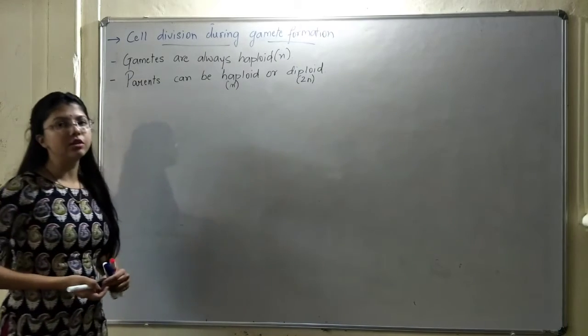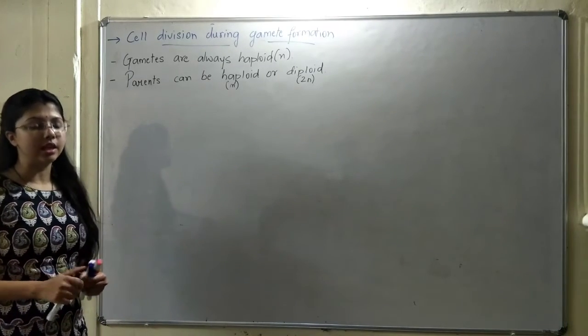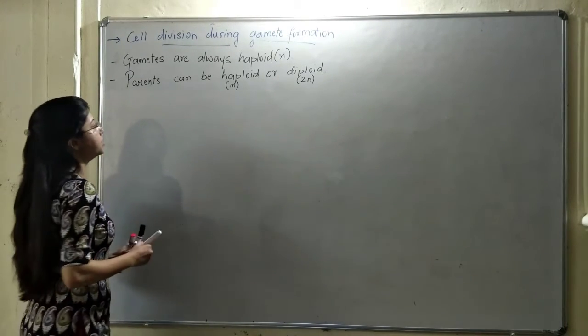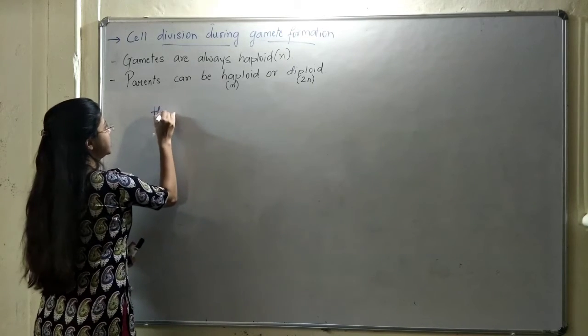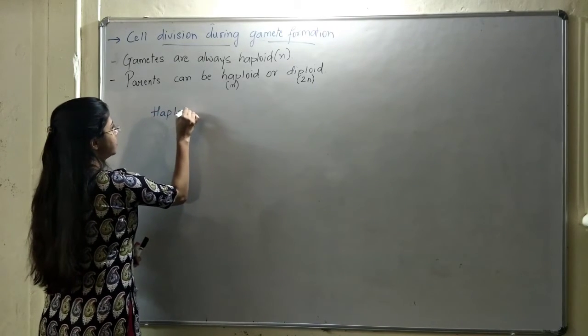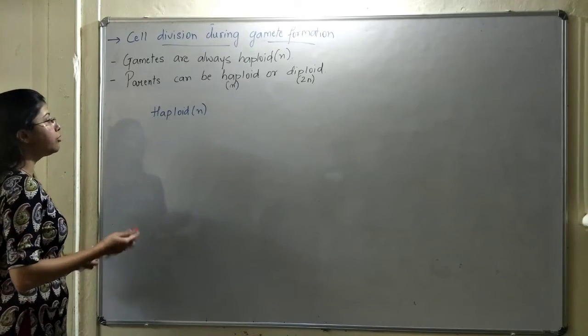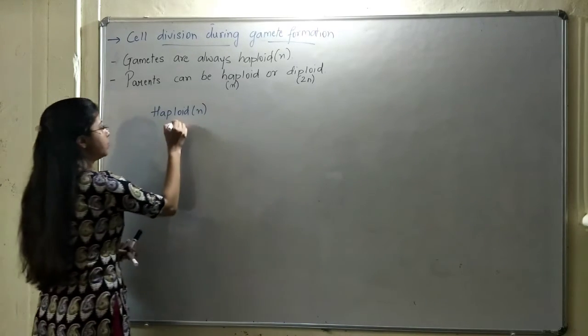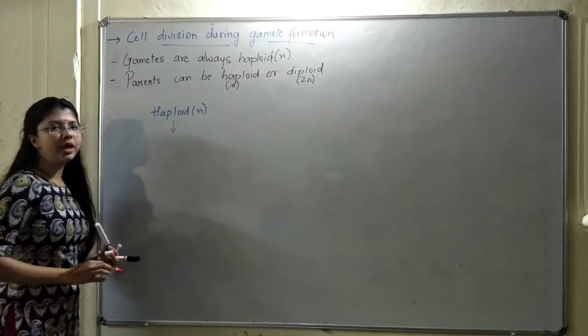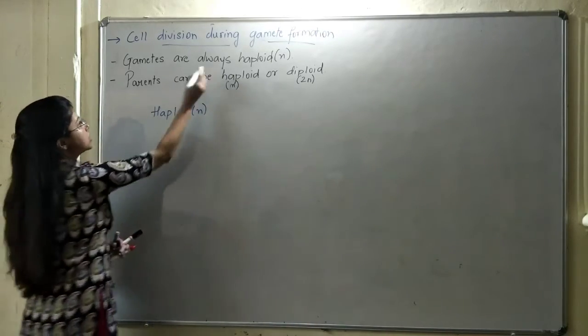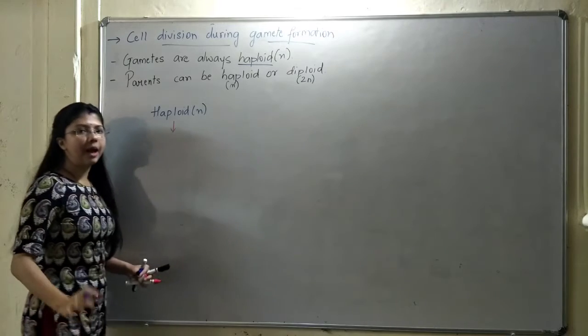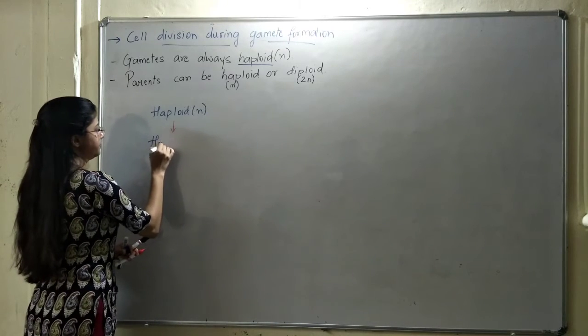Now here lies the difference in how the new cells will be formed. For example, if a parent body is haploid and has only one set of chromosomes, the gametes formed from this body should also be haploid, because it is already fixed that gametes are haploid.